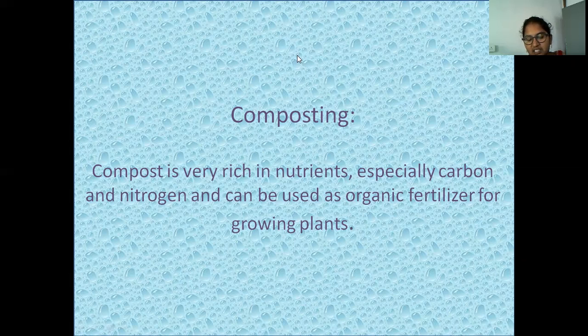Compost is very rich in nutrients, especially carbon, and helps as an organic fertilizer for growing plants. So easy cultivation of soil, preventing soil erosion by keeping the soil covered, and also supplying essential nutrients to the growing plants.